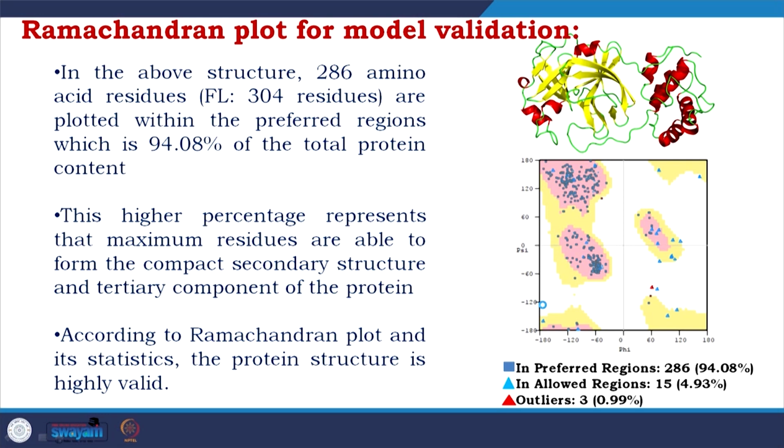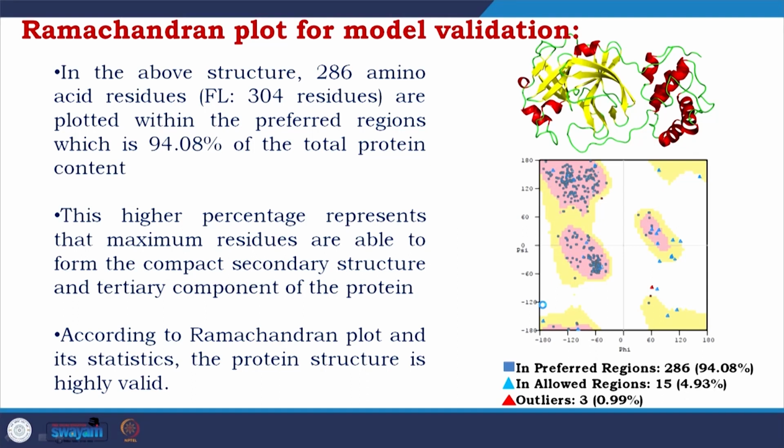So now we have this standard database, and for a new structure we plot its torsional angles and calculate the preferred region, allowed region, and outliers.